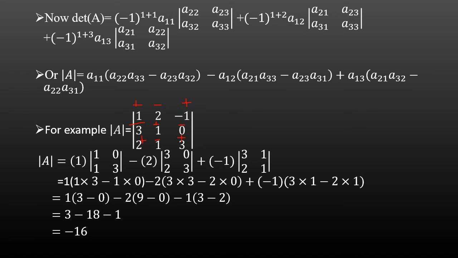Now here I have some points for you to remember, or remarks you can keep in mind. First, whenever you are solving a determinant, just remember the sign of each element. For example, for the first row it is plus minus plus. If you use the second row, then minus plus minus, then plus minus plus.